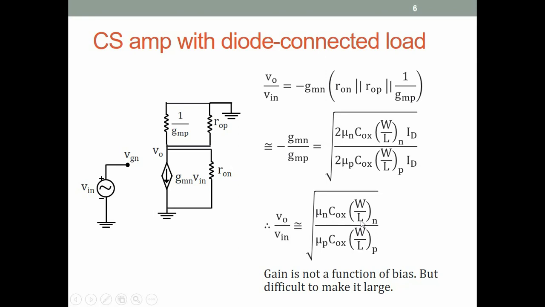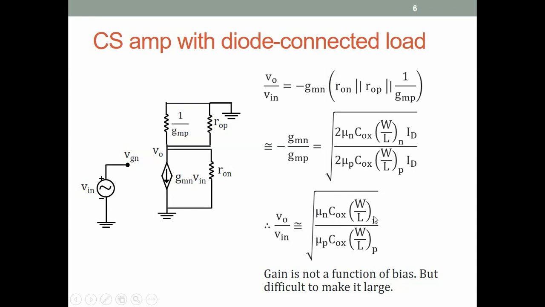Therefore, if the current varies, the voltage gain does not vary. So this is kind of similar to the common source amplifier with source degeneration, in that it gives a more linear gain, but at the same time you can see that this gain cannot be made very large, because if we have to make this large, the only thing we can change is the W by L's.